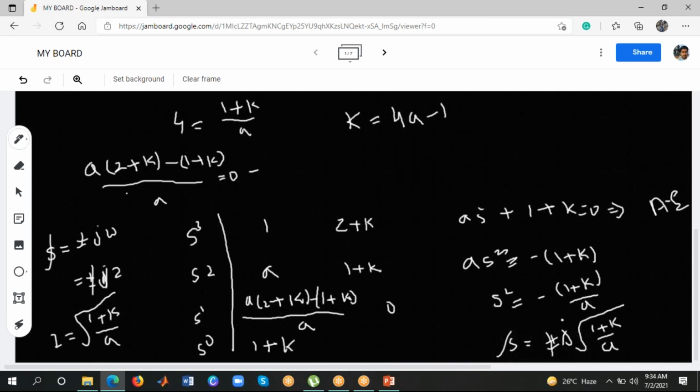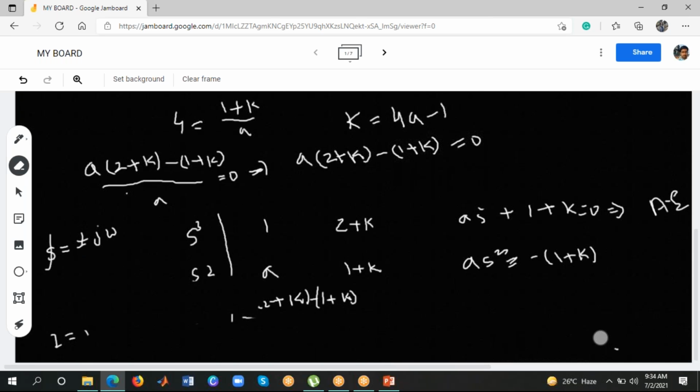Then you will get A into (2 plus K) minus (1 plus K) equals to 0. Now I am going to simplify this. So ఇది కొంచెం lengthy problem, listen carefully.